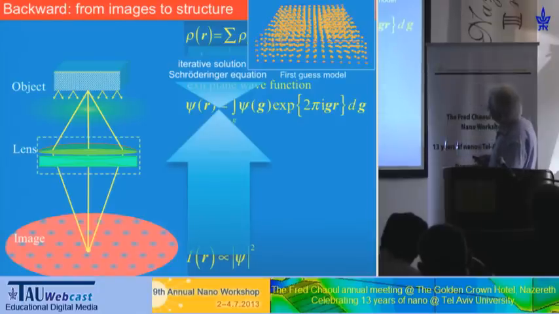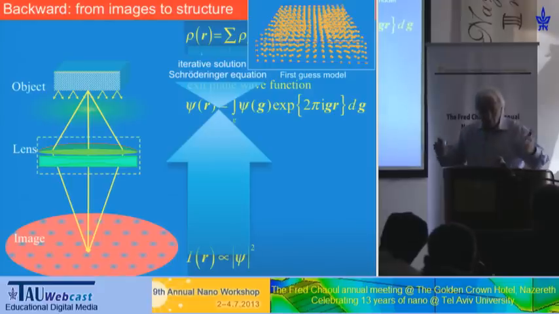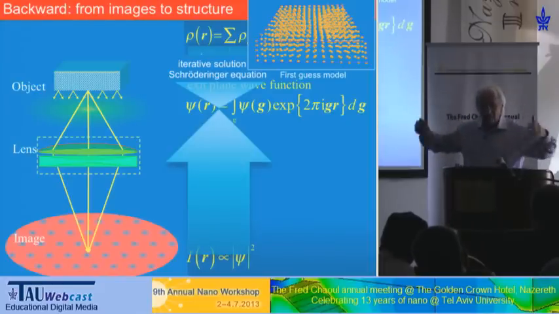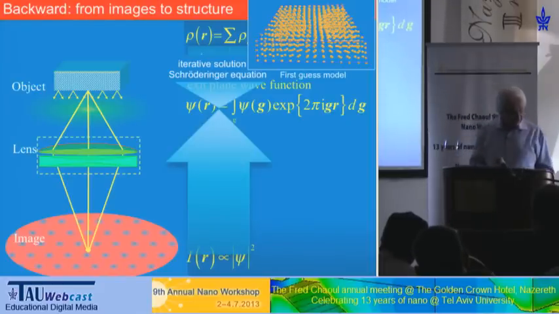And there is another point which we now have to mention, and this is that the Schrödinger equation, everybody knows this here, the solutions of the Schrödinger equation depend on the boundary conditions. So we have to know what the boundary conditions are. And of course, after the video, you know that one of the key boundary conditions is the thickness of the sample.